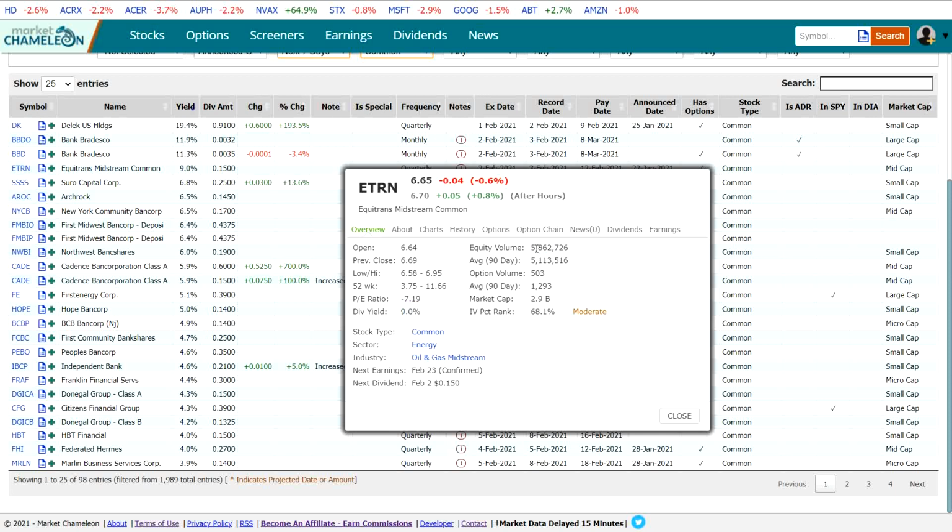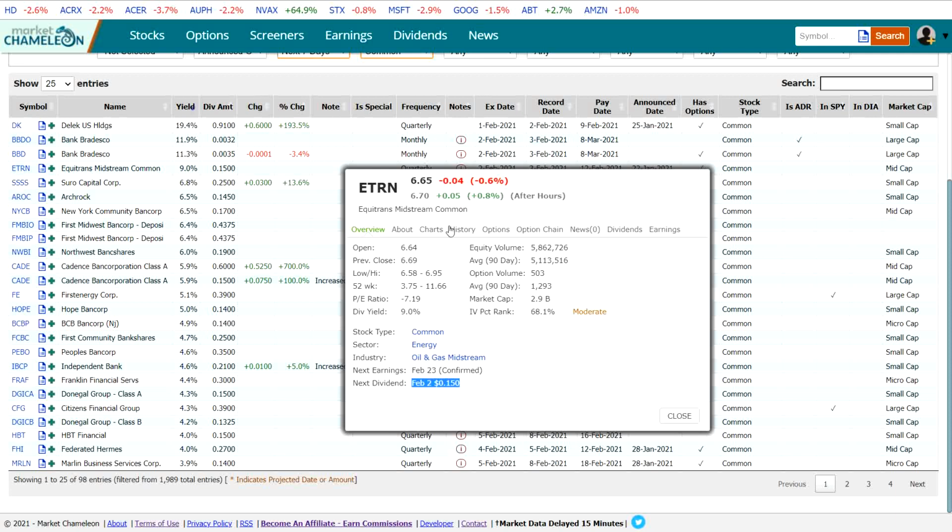Volume is really picking up, 5.8 million compared to 5.1. People are using Market Chameleon, and they know that this stock is giving you 9% dividend, so they're buying more shares in the last trading day. Basically, energy, oil and gas. Next earnings, I don't care about it. That's 3 weeks from now. Next dividend, February 2nd, 15 cents.